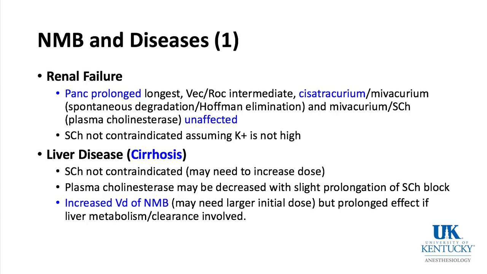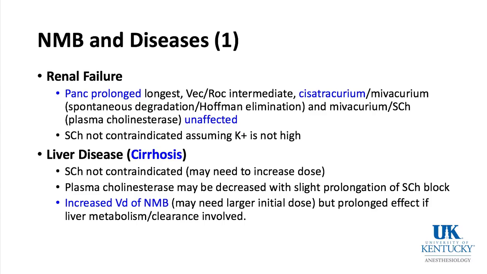Plasma cholinesterase may be decreased. That is an enzyme produced by the liver, the plasma cholinesterase, or pseudocholinesterase, or butyrylcholinesterase, another name for it. When you give succinylcholine, it may result in a prolonged block. So with a bad liver not producing the enzyme pseudocholinesterase, you give succinylcholine, the block may last longer.